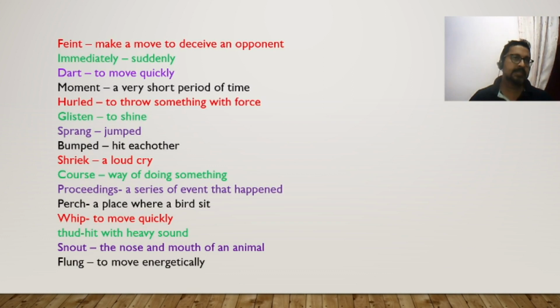Bumped, hit each other. Shriek, a loud cry. Look at the meaning once again. I shall give you the Malayalam later. Moment, a very short period of time. Hurl, to throw something with force. Glisten, to shine. Sprang, jump. Bumped, hit each other. Shriek, a loud cry. Okay, that's all. Now come to the text.